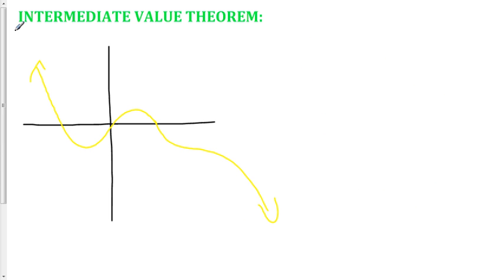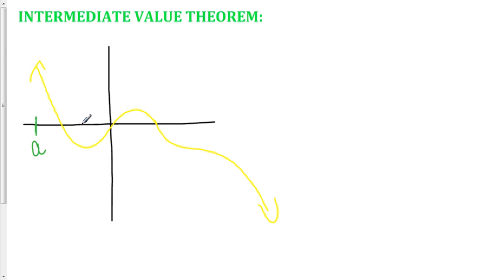Finally, in your book on page 111, there's a little blue box there that talks about the intermediate value theorem. What it says is, if you have a coordinate or a value, say here on the x-axis, we're going to call that a.